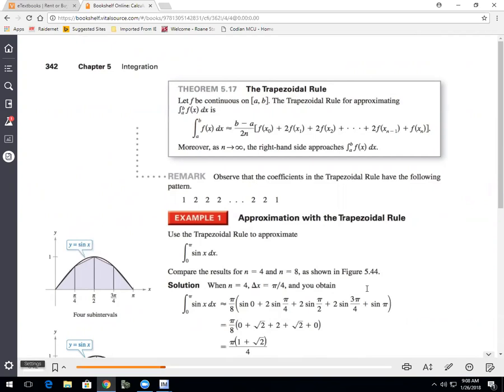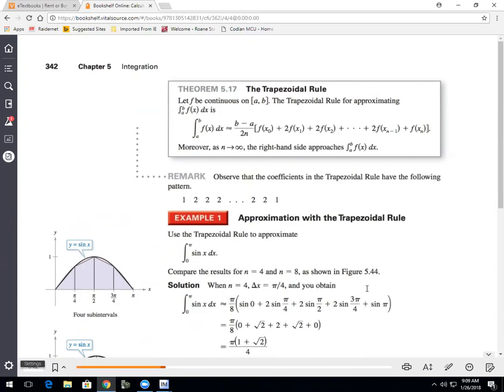Now, there was a whole lot of algebra on the previous page leading up to this, but you can still kind of see this is finding heights of trapezoids multiplied by the width of a trapezoid for infinitely many trapezoids. All right, I don't want to do all that algebra on the board. It's cool, you can look at it, but I don't want to do it. I just want to be able to use this.